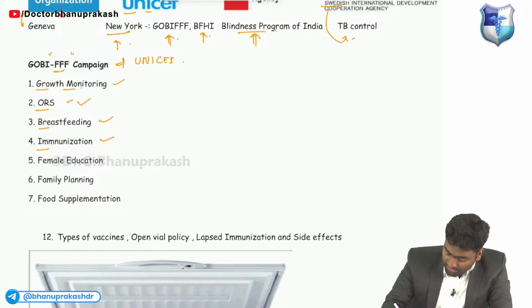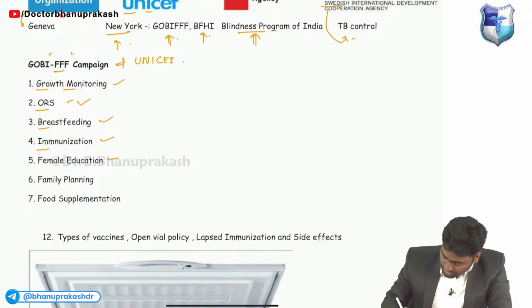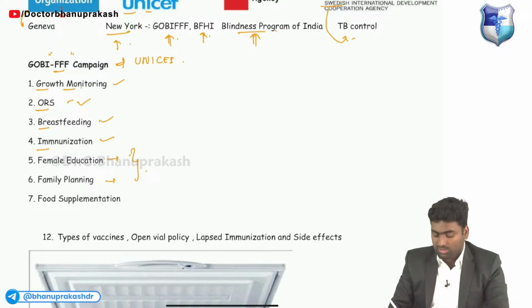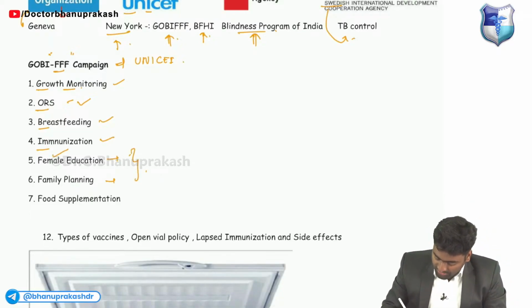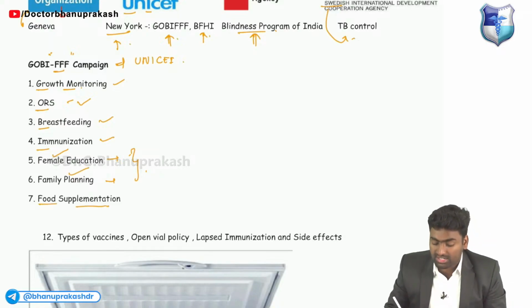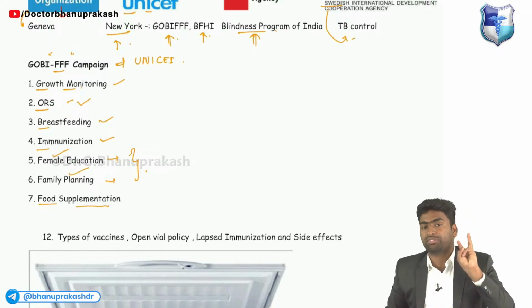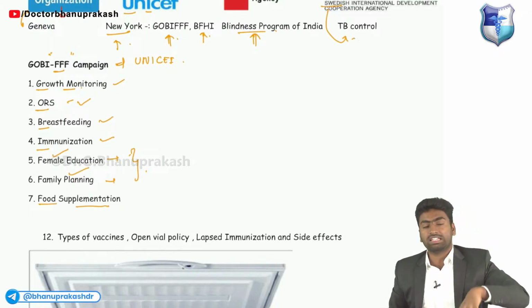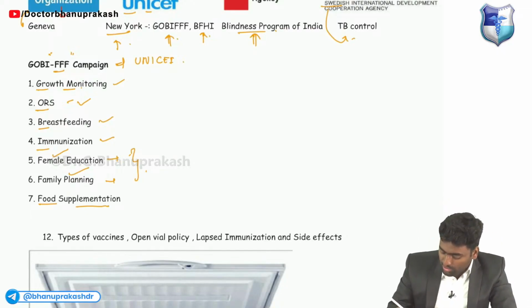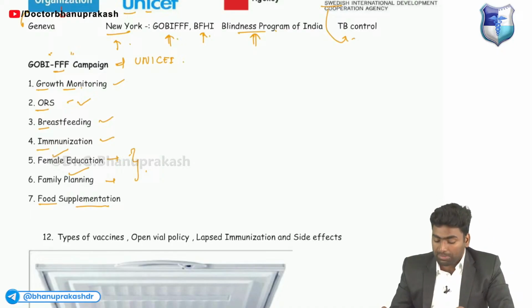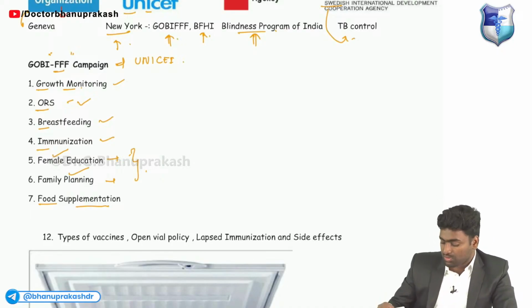They are female education and family planning. So remember this, you will often get confusion with these F things like female education, family planning, and food supplementation. These are the 3 things which stand for the triple F. Whereas G for growth monitoring, O for ORS, B for breastfeeding, and I for immunization. Good guys, that you should remember.